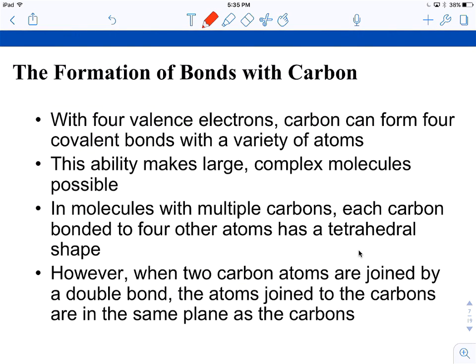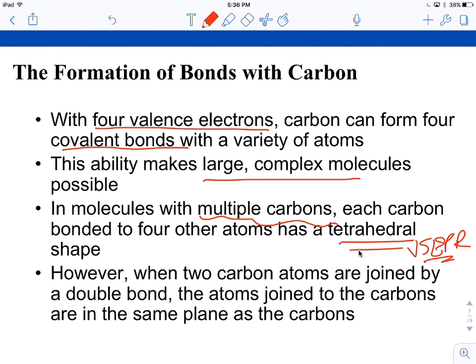So let's look at a little bit of that. Because of the 4 valence electrons, it can form 4 covalent bonds with a variety of atoms. And because of this, it can make these large, complex molecules that are organic molecules for life. So if you have a molecule with multiple carbons, the carbon bonds to 4 other atoms and has a tetrahedral shape.